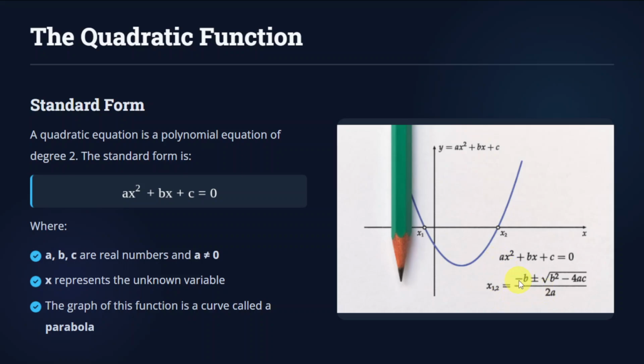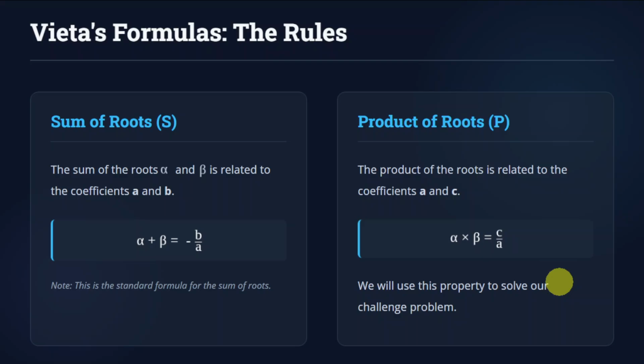So this is how you calculate the solution or the roots of the quadratic equation using the quadratic formula. There are other methods, factorizing and completing the square, but we are not going to see that right here. The others are simple, so you can go ahead and check them.